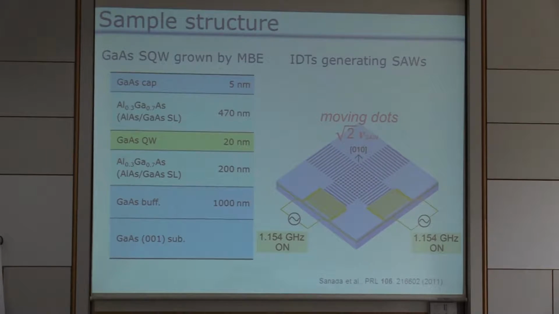And when we want to transport the electron along the O1 direction, we can produce a dot-like potential by using the interference of two orthogonal acoustic waves. In this case, the speed of the dot is square root of 2 times the acoustic velocity.